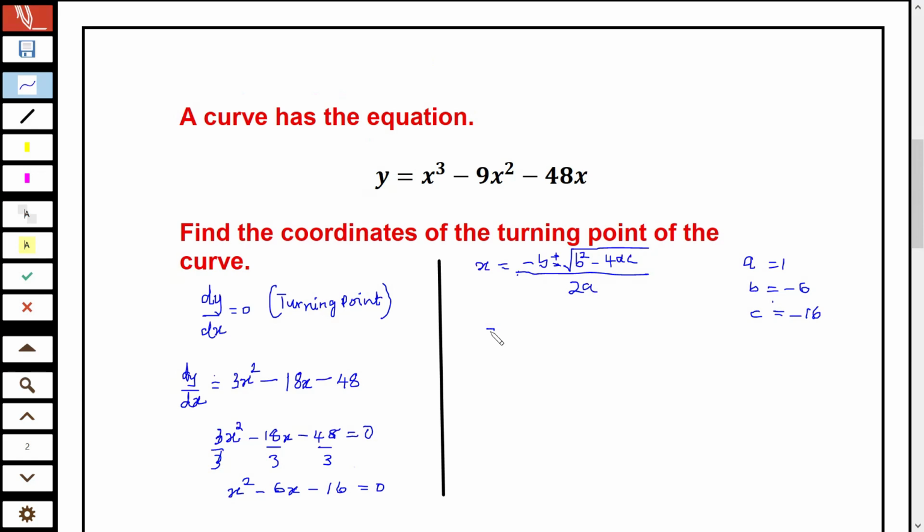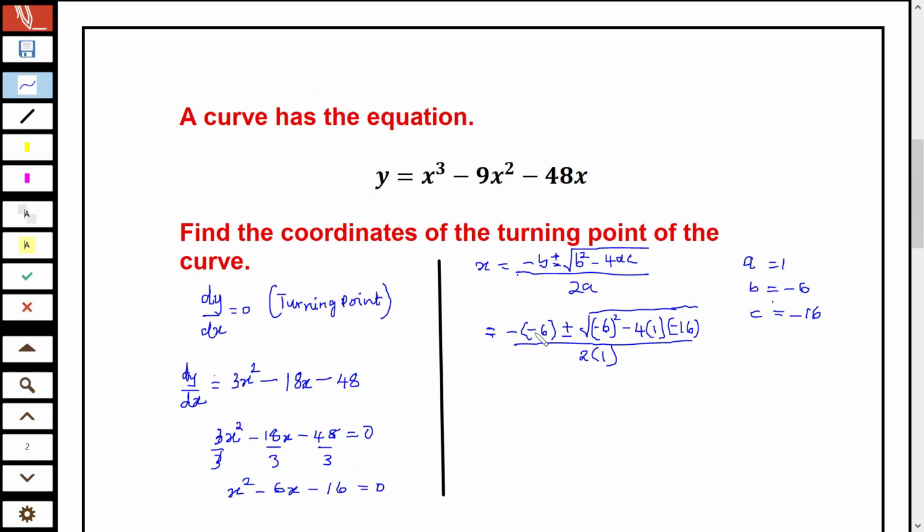So we have to calculate x by writing negative, in bracket, we have -6, plus or minus the square root. b squared will be -6 squared, minus 4 times a, which is 1, then times c. c is -16, over 2a, which is 2 times 1.